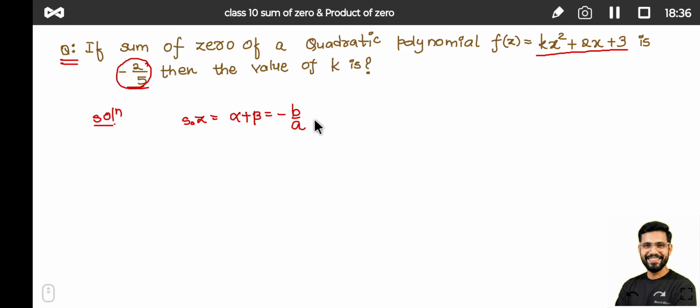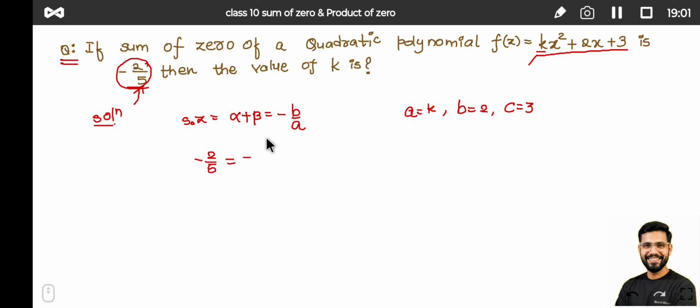What are a, b, c, that we will write down first. So a is equal to the coefficient of x square, which is nothing but k. Then b, the coefficient of x, is 2, and the value of c is 3. Substitute the values. The sum of zeros is given as minus 2 by 5. So on the left-hand side minus 2 upon 5 is equal to, on the right-hand side, minus b, b is 2, upon the value of a, which is k.